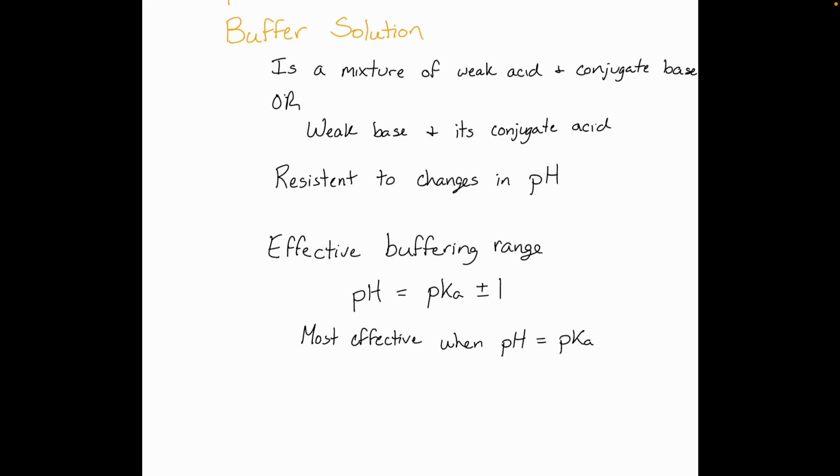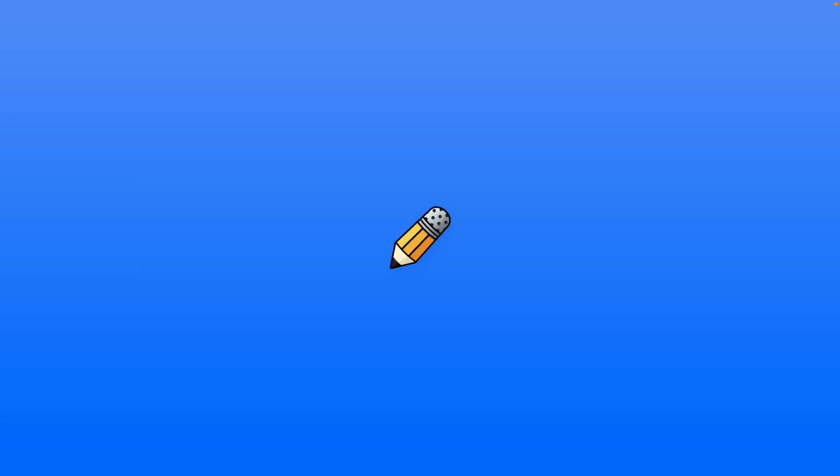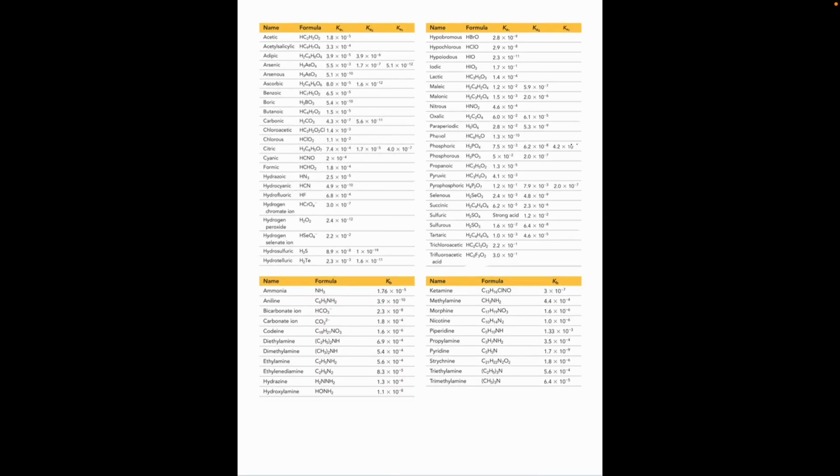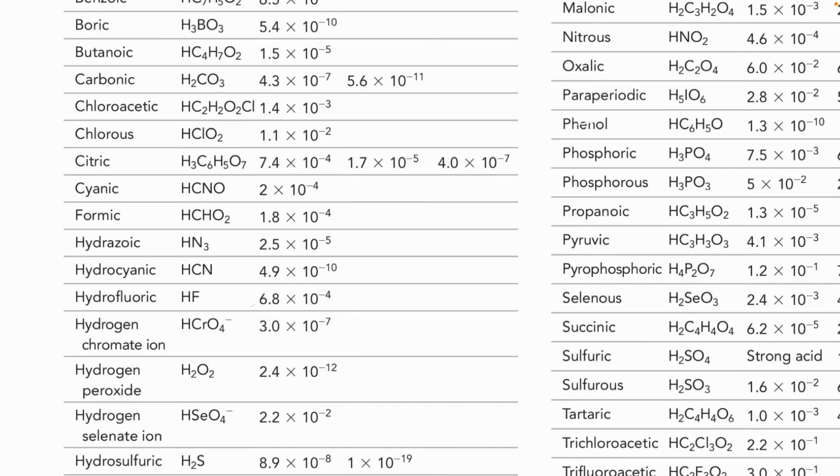All right, so let's do some quantitative stuff here. So first of all, let's go to our table. We're going to get a weak acid here. We're going to be talking about a solution of formic acid. So we're going to need this pKa value.